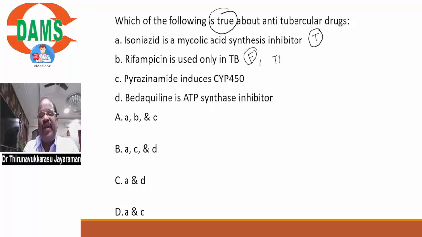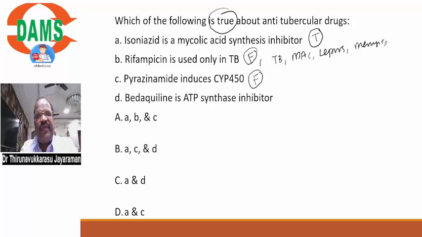Rifampicin is useful for TB, Mycobacterium avium complex, leprosy, and also meningitis. There are so many uses. So wrong answer. Pyrazinamide induces? No. Pyrazinamide is neither an enzyme inducer nor an enzyme inhibitor, no drug interaction.